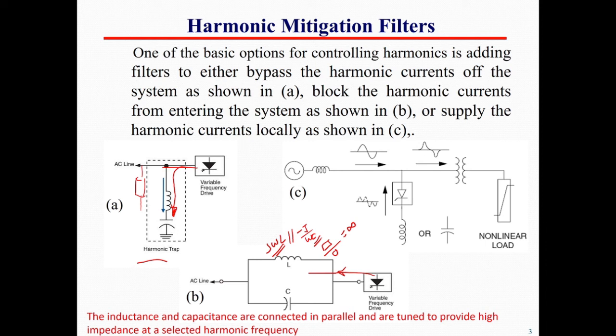Of course, the normal current will flow without any problem, but only the harmonic current will not be allowed to flow. That one we call blocked. This filter blocks the harmonic current from entering the system.